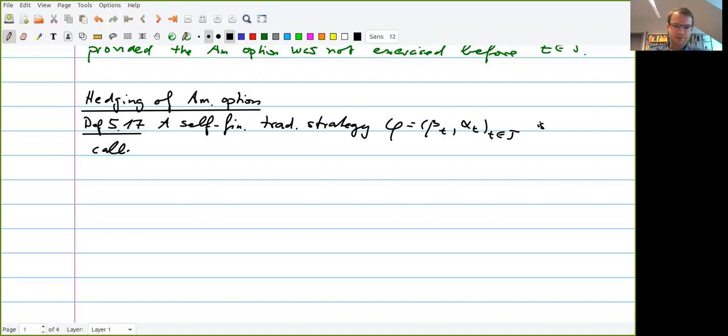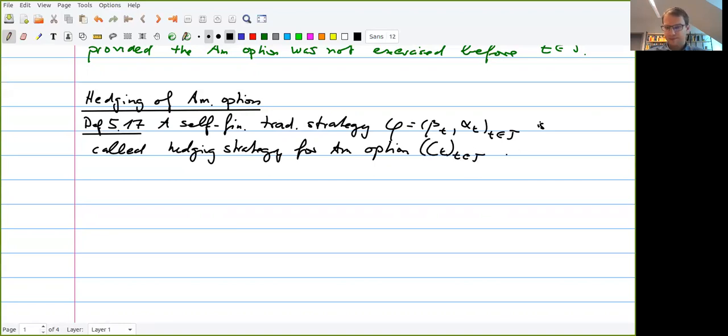And then I want to call it a hedging strategy for the American option C if the value process associated to this trading strategy phi at any time t provides a bigger or equal payoff than the obligation I have from the American option.